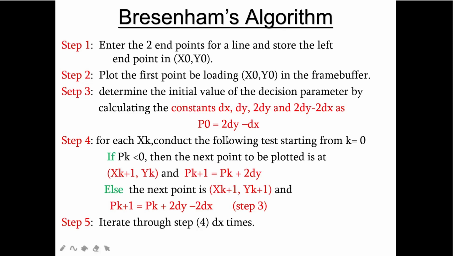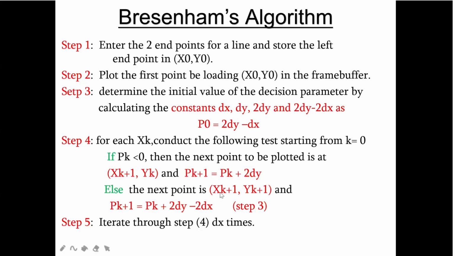If the pk value, the initial value you got, is less than 0, then you plot your next point as xk plus 1, yk. So you increase your x value and keep your y value as it is, not increasing it.